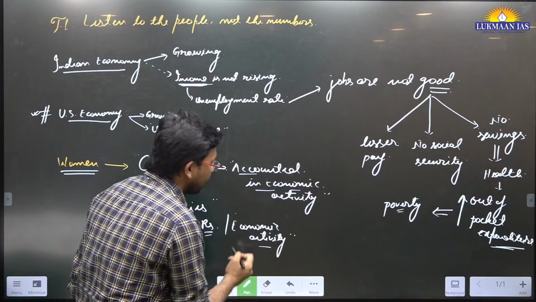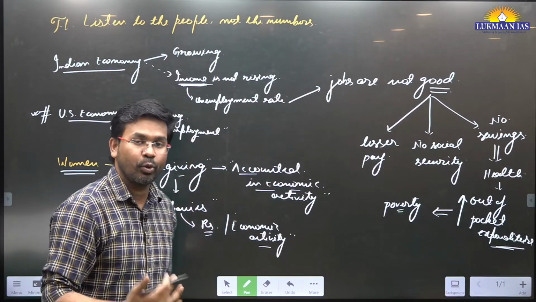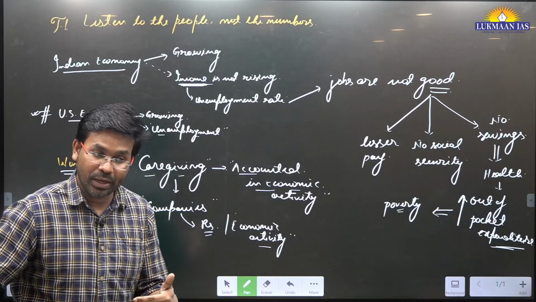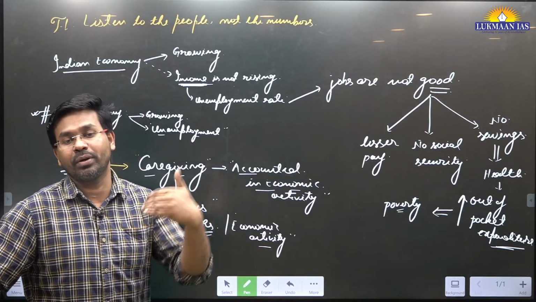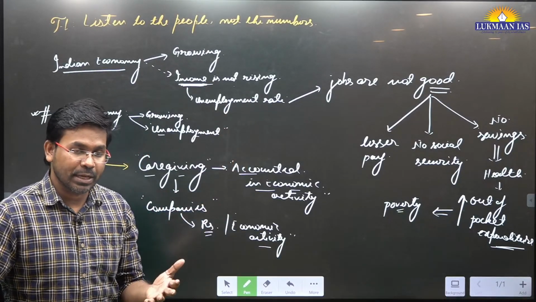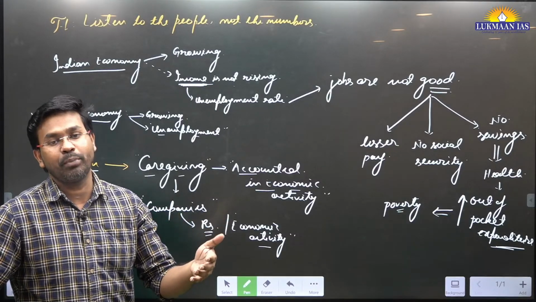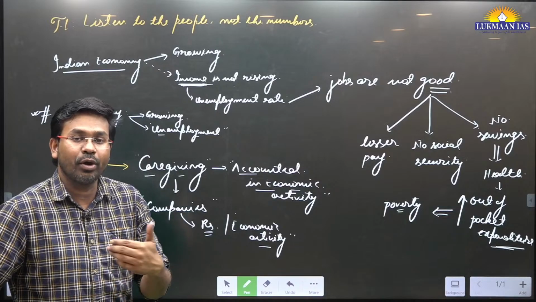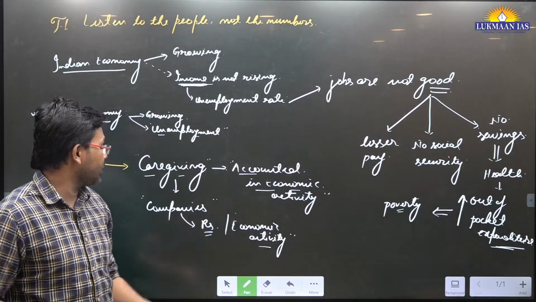But this happens only with a few women who are employable, who are educated. But what about those women who are less educated, less skilled, who cannot do good jobs outside? Even if they are employed, they are employed in household activities. They work as house helps.